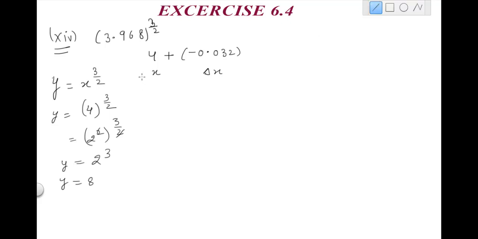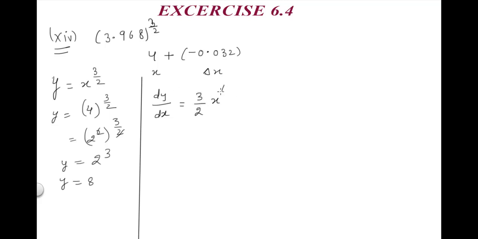To find dy by dx, we differentiate y equals x to the power 3 by 2. So we get dy by dx equals 3 by 2 x to the power 3 by 2 minus 1, which is 1 by 2. So we are getting 3 by 2 into square root of x. X is 4, and 4 to the power half, that means the square root of 4, will be 2 only. So solving it, we get dy by dx as 3.